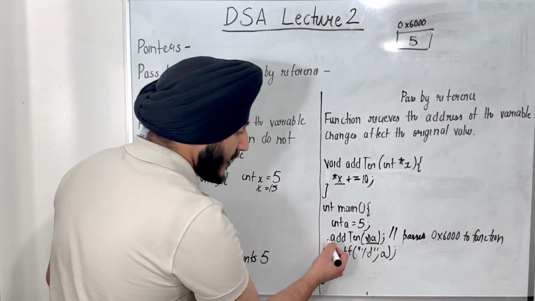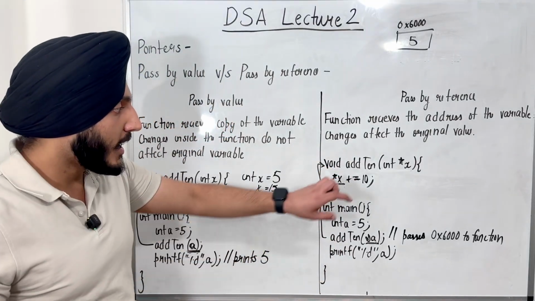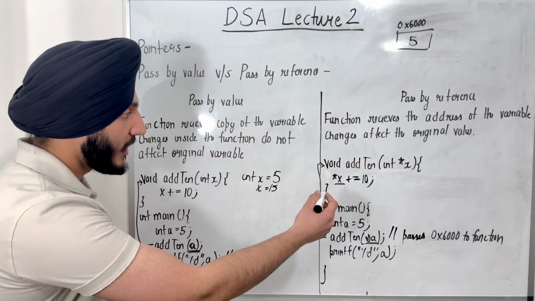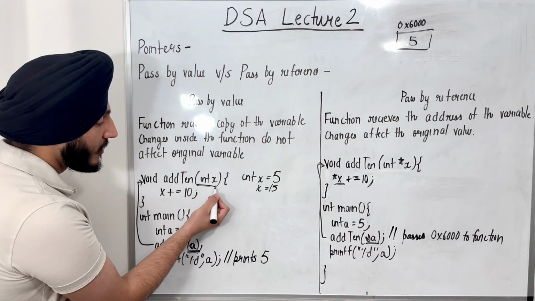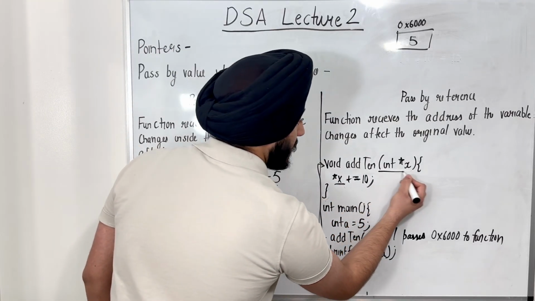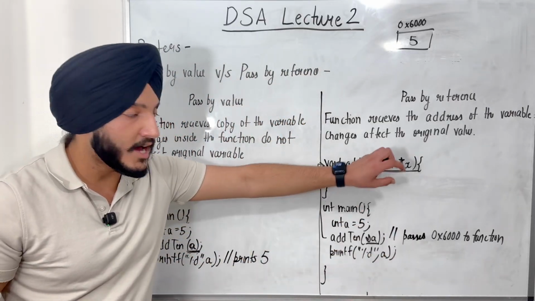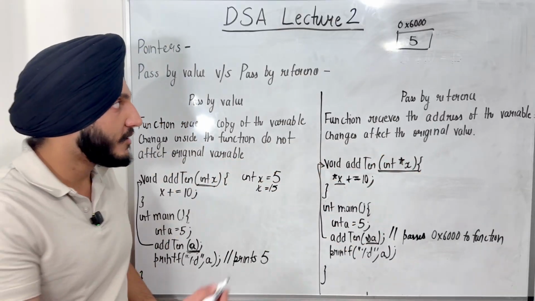So now when we call add10, it's going to go to this function. There's another difference between both of these code snippets. Over here, I had int x as my argument, and over here I have int *x. Why? Because since I'm passing the address, it has been declared as a pointer.